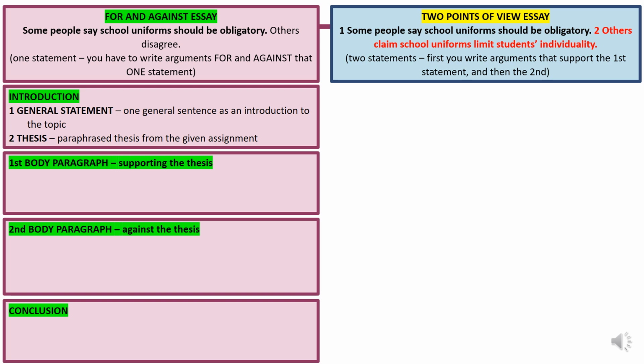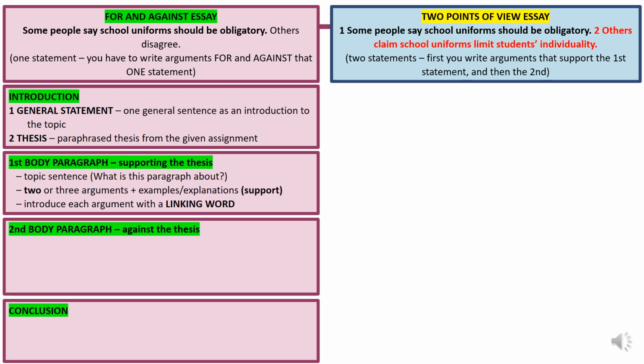Now, in the first body paragraph, in which you are going to write your arguments for the statement that is given to you, you need to use first topic sentence. The first sentence in the first body paragraph needs to be the topic sentence. And this sentence needs to answer this question. What is this paragraph about?